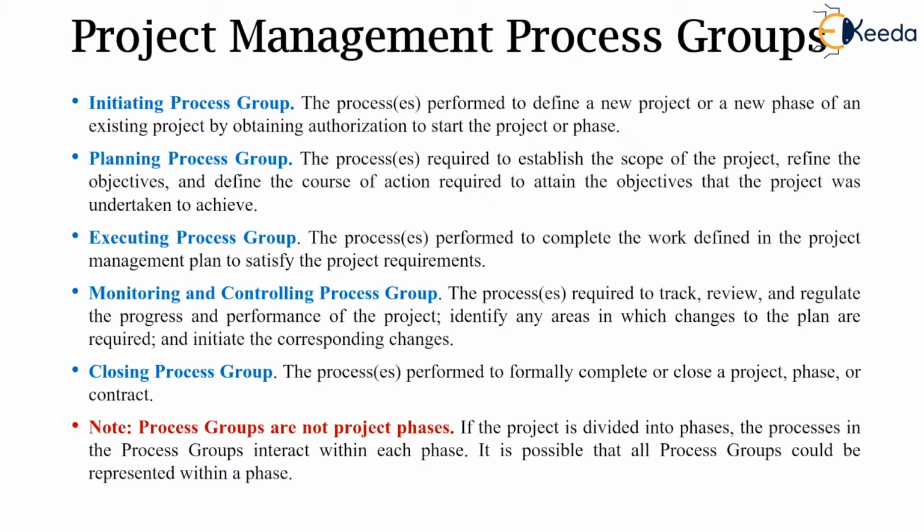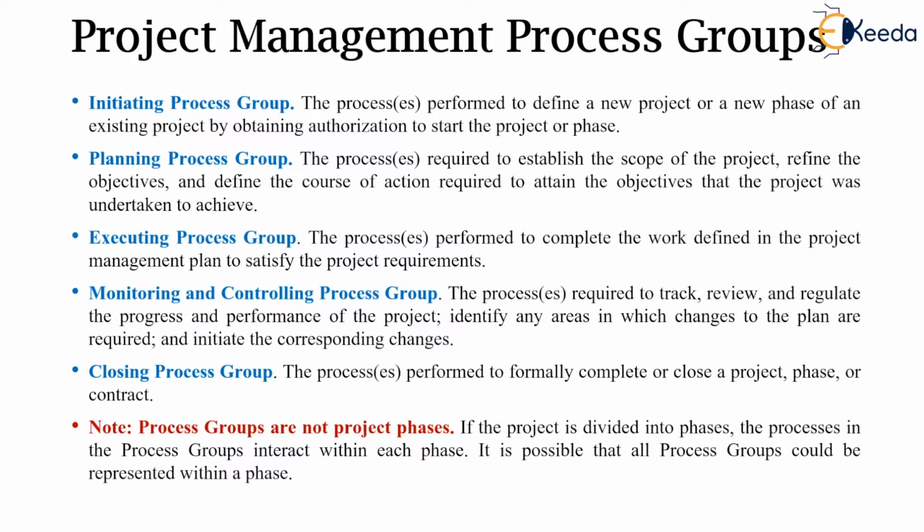It will identify any area which requires changes in the plan and will then help initiate the corresponding change. The last is the closing process group, which is performed to formally complete or close any project, phase, or contract.